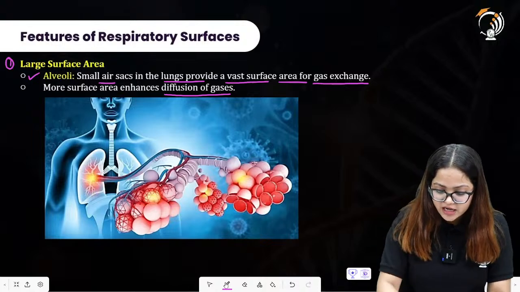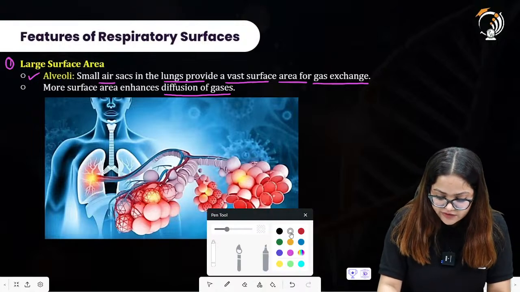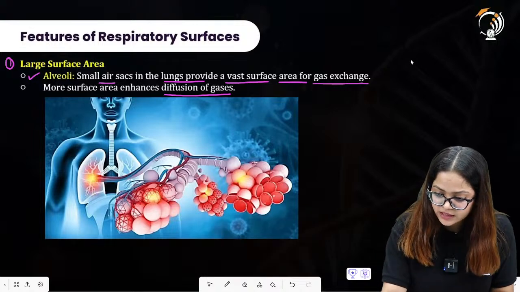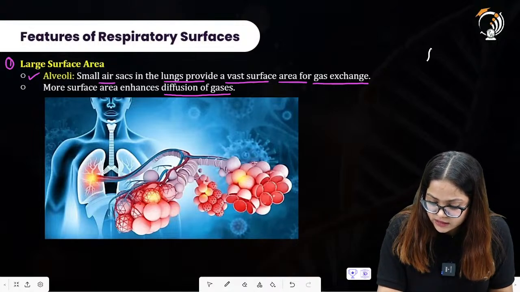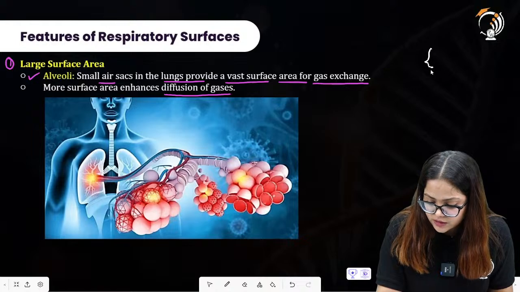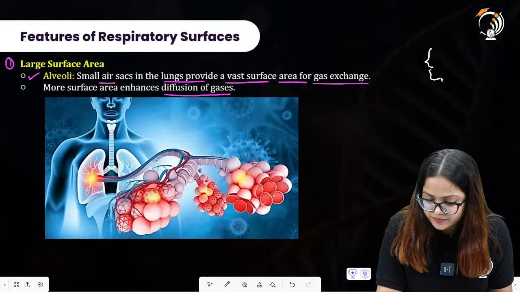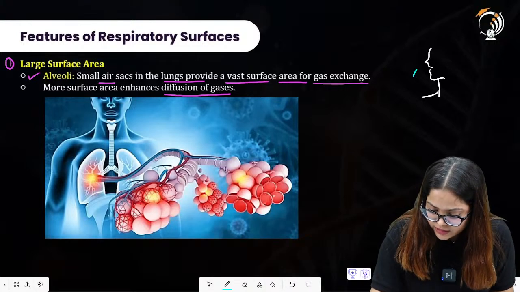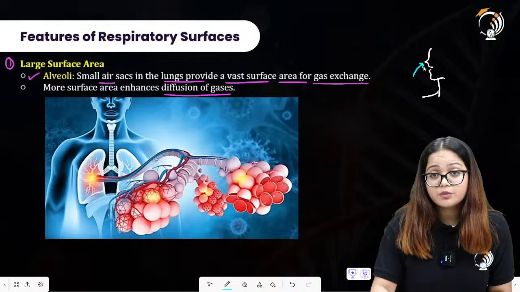So let us understand how these alveoli are formed through a diagram. These are the nostrils here. I'm trying to make Mr. Joy over here. The air is going into this region. What do we call this region?